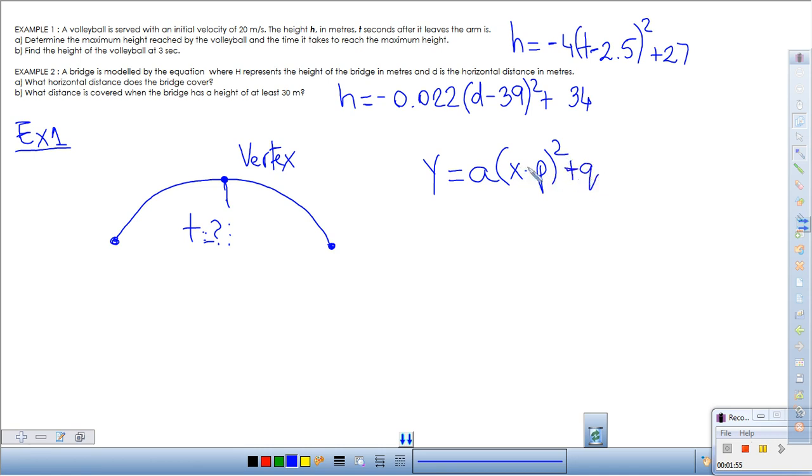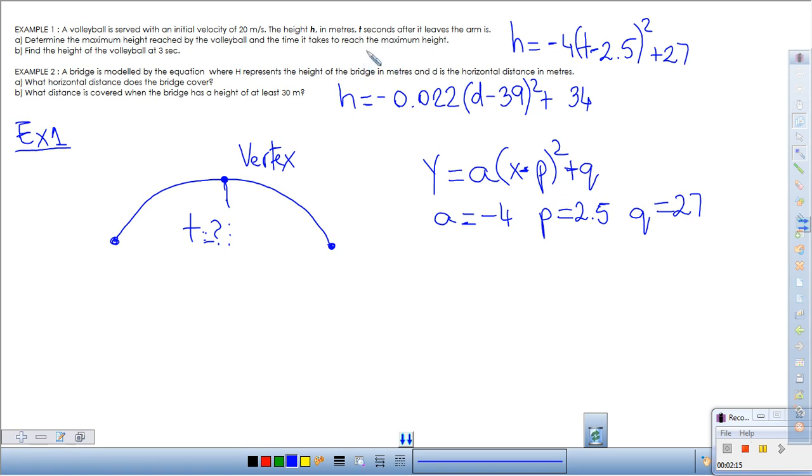Let's compare the vertex form of the function and the relationship that is given to us. Well, I can see that a is -4, p is 2.5, and q equals 27.